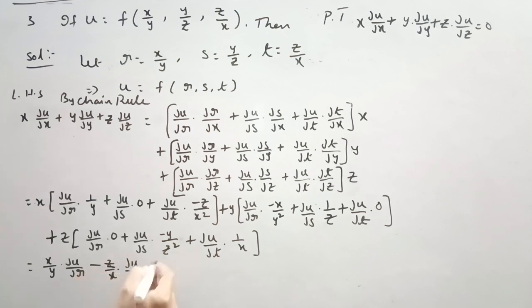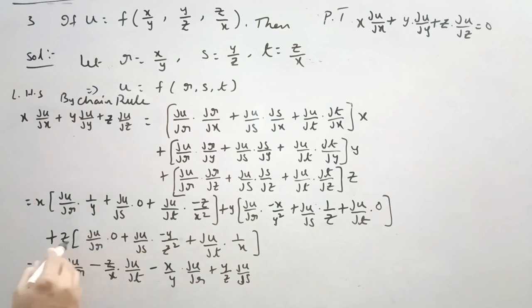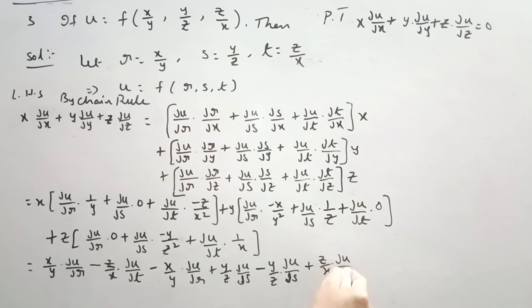Now here y into 1 plus into minus, minus 1y get cancelled, x by y ∂u/∂r, plus into plus y by z ∂u/∂s. 0 into anything is 0. Now here plus into minus 1z get cancelled, y by z ∂u/∂s and plus z by x ∂u/∂t.